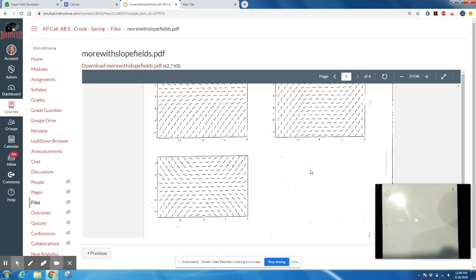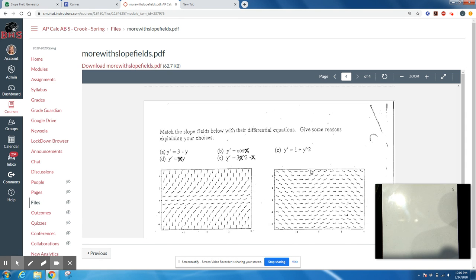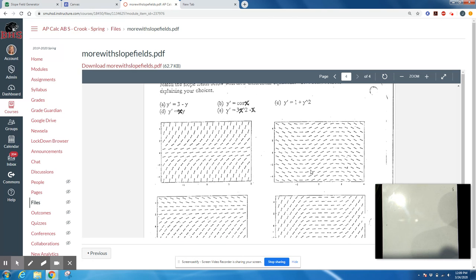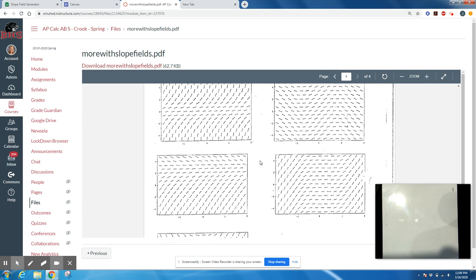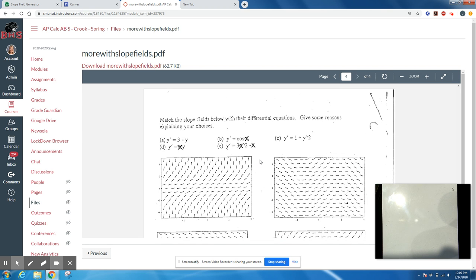All right. So what you're going to do with Desmos, and I'll put the assignment in Canvas, is you'll have slope fields, and sometimes you'll be matching them to derivatives. So y primes are derivatives. And you're going to look for little clues that could help you. For example, if the derivative is cosine, I know that the antiderivative is sine.